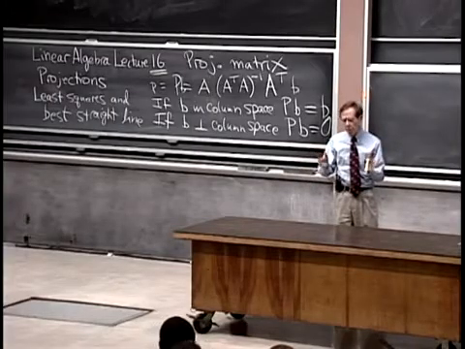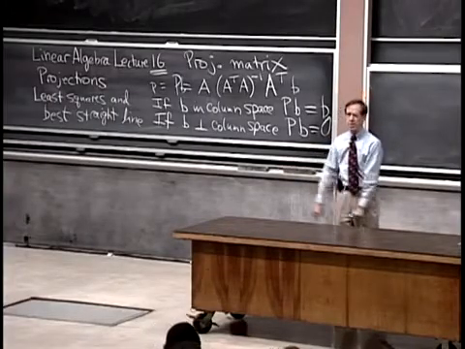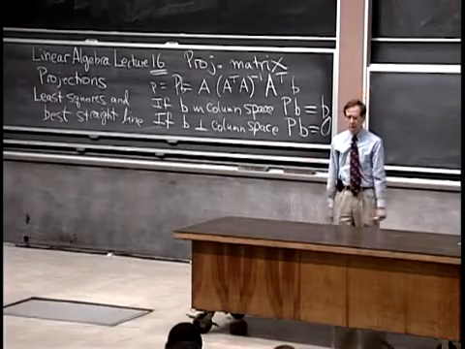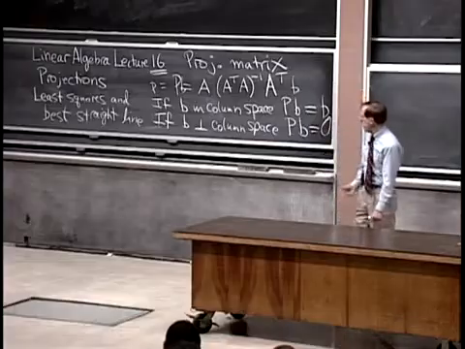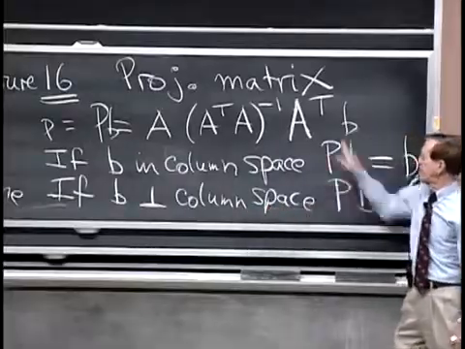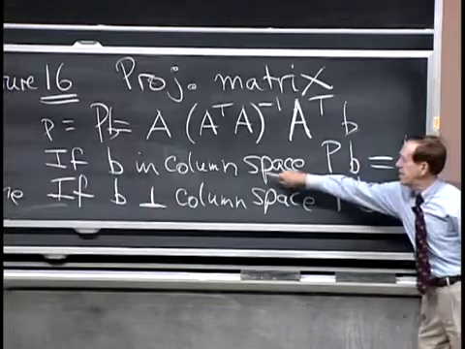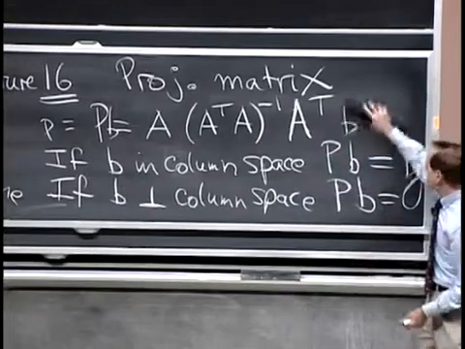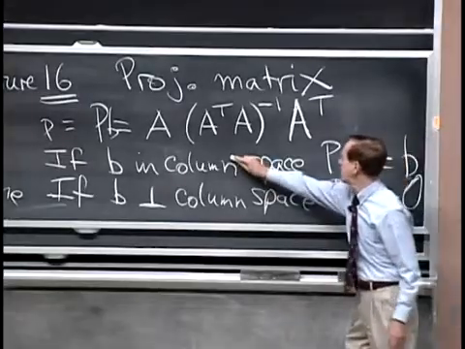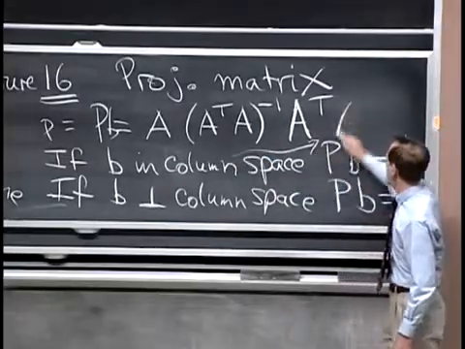It would have the form A times some x, right? That's what's in the column space, A times something. That makes it a combination of the columns. So these b's were in the null space of A transpose. These guys in the column space, those b's are Ax's. Right? If b is in the column space, then it has the form Ax.